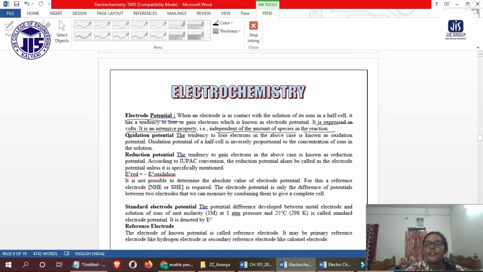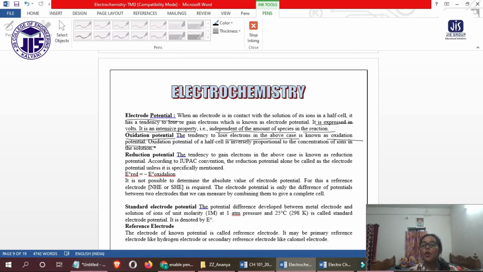The tendency to lose the electrons in the above case is known as the oxidation potential. Generally, an element which has a higher oxidation potential can easily remove electrons, forming the positive ion.